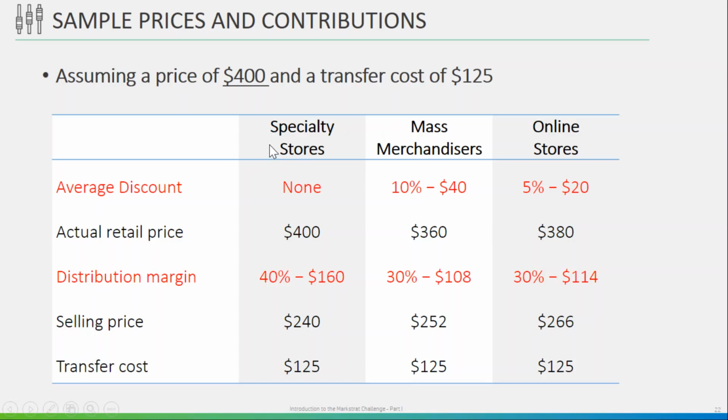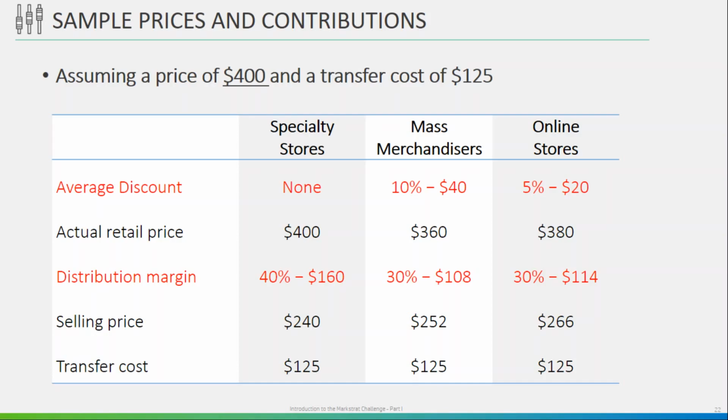The 3 indirect distribution paths, the specialty stores, mass merchandisers, and online stores, they all have different discount policies. So basically, how much do they take off the average retail price, or the estimated retail price? So what you do in the simulation is you set the MSRP. This is the suggested price, right?